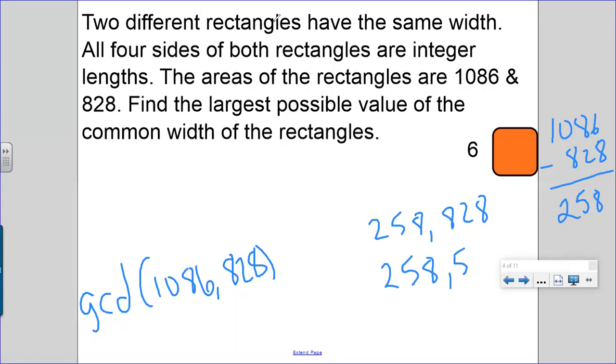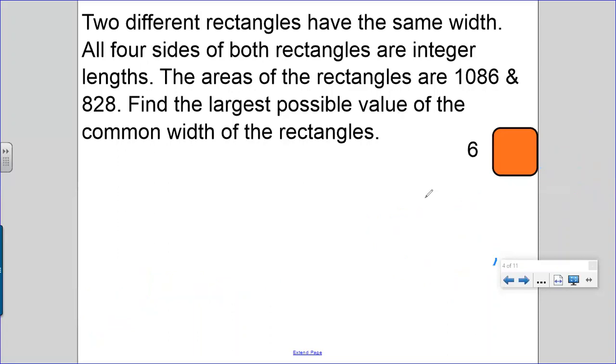I got 268. You got 268? I think it's 258. I put it in my calculator, unless I have the wrong numbers. Did you get 1086 and 828? Yeah. Oh, 1086? Yeah, there you go. You put 96 in. All right, oh, my bad.